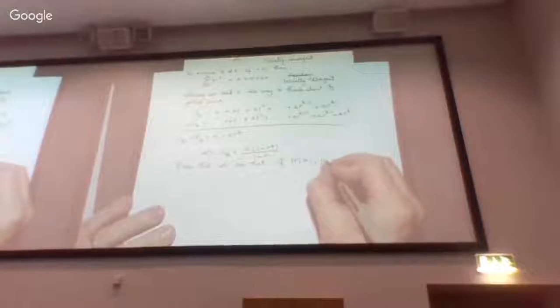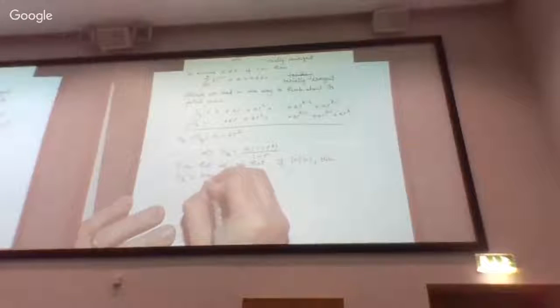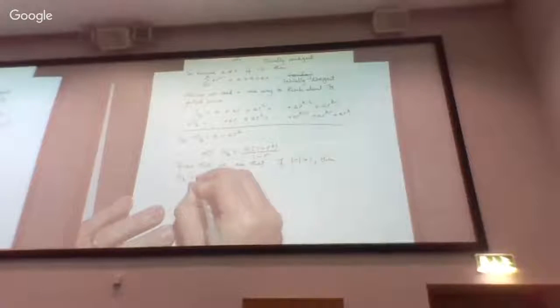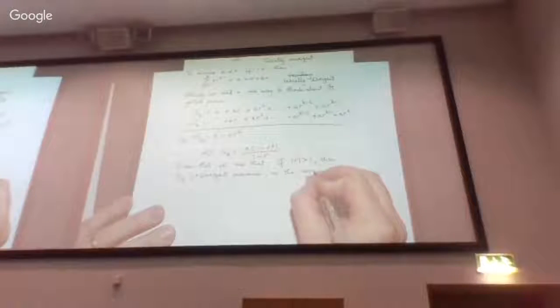If r is a number bigger than 1 and you multiply it by itself, it gets a little bit bigger, and it gets bigger and bigger each time you multiply it by itself. So if the absolute value of r is bigger than 1, then Sk is divergent. Sk is a divergent sequence, and so the associated geometric series is also divergent.